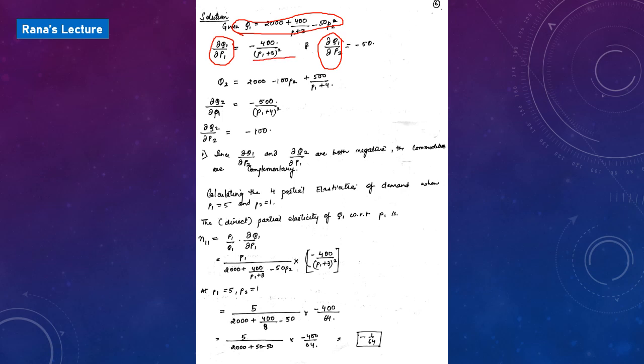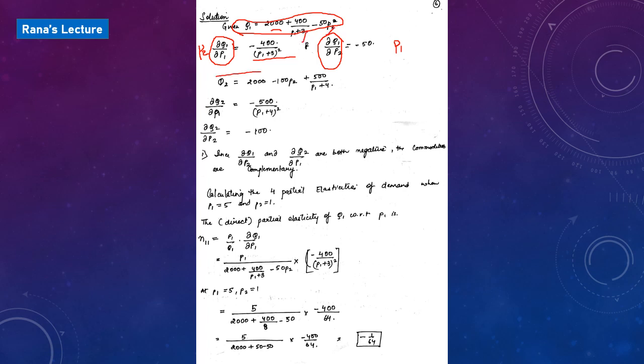What you do here? P2 is constant over here, right? Now delta Q1 by delta P2. So over here P1 will be constant. You know how to differentiate this. This will become 0, right? This will become 0 and this will be minus 50.